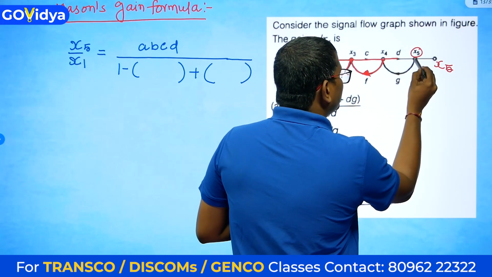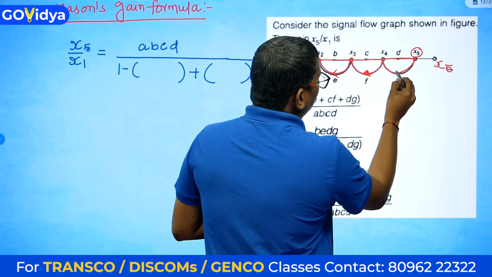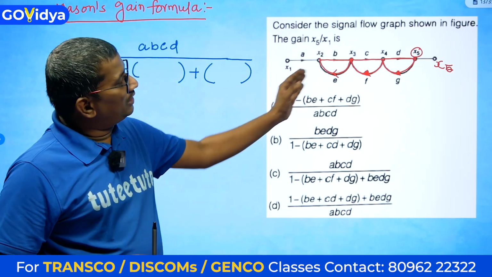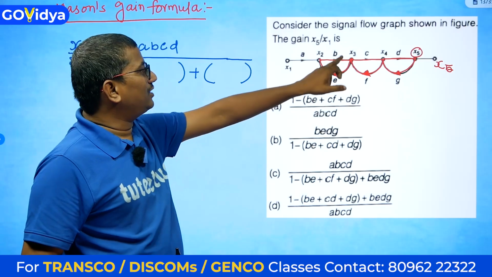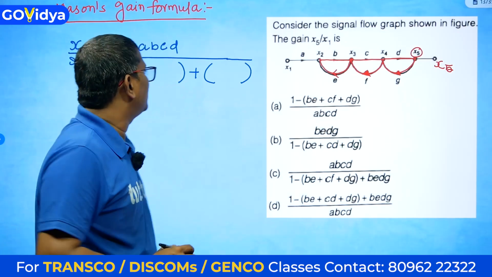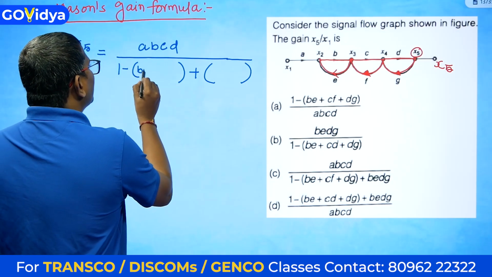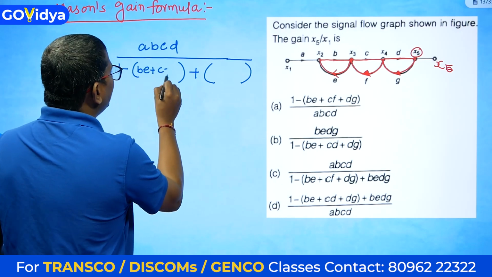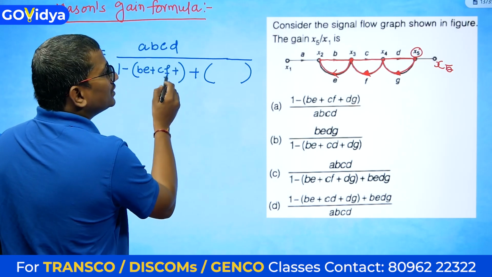And this is also another loop. Strictly speaking, three individual loop gains we can calculate. What is that? BE, CF, DG. BE plus CF plus DG.